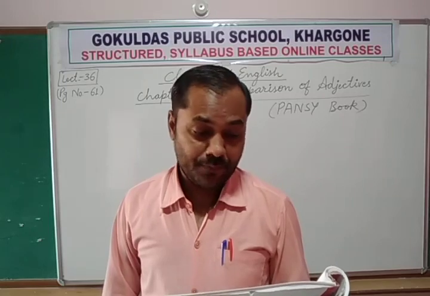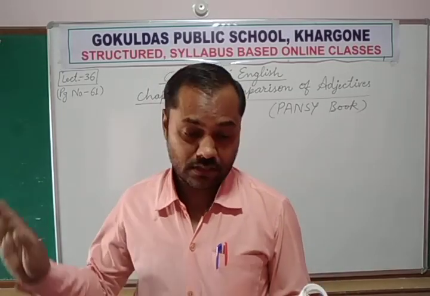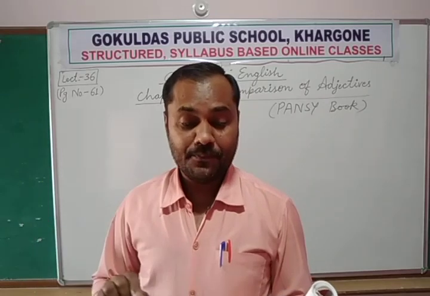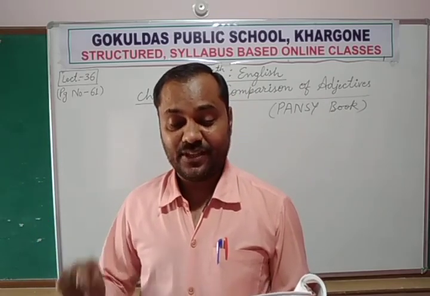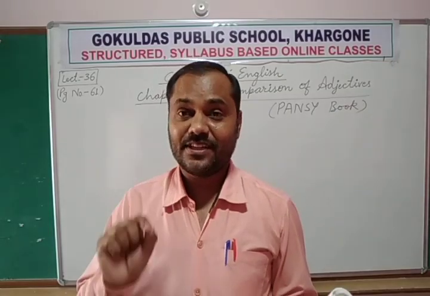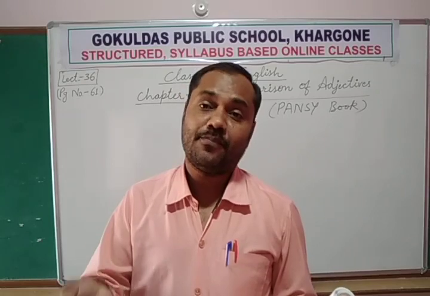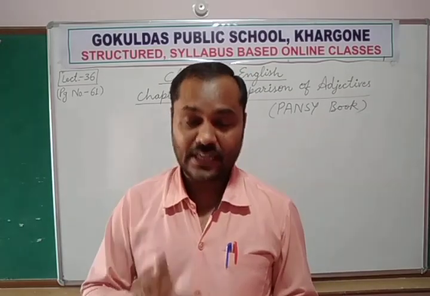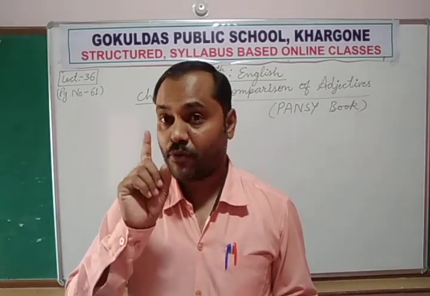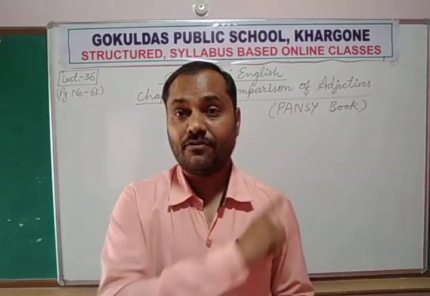We do not compare him with any other boy. Here we are not comparing. This simple form of the adjective is called the positive degree of comparison of adjective. This is the simplest form.